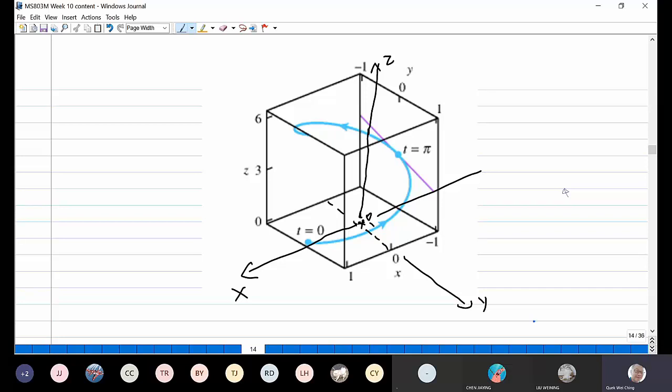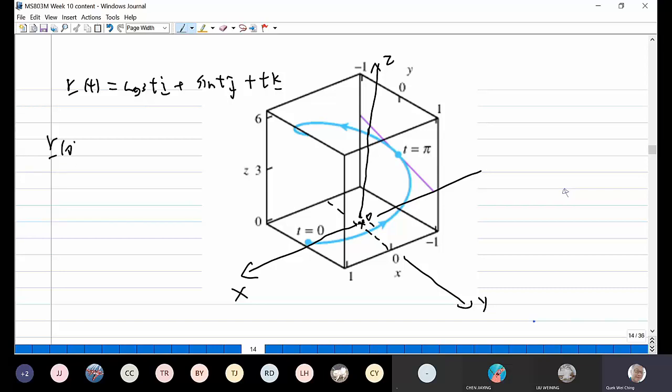Let's see how the point looks. Your point is r(t) equals cosine t i plus sine t j plus t k. This is the curve, and the curve looks like this. So when t equals 0, where is it now?